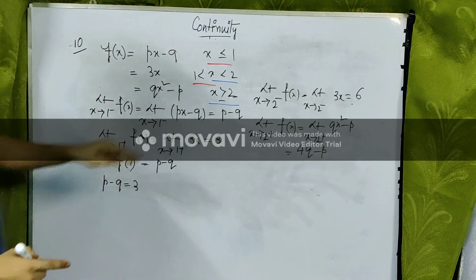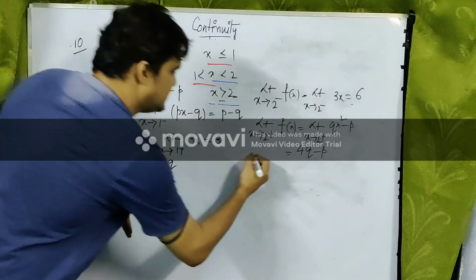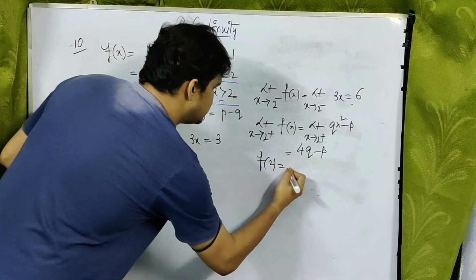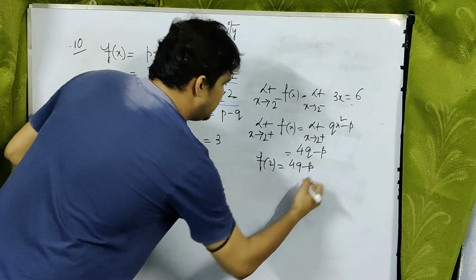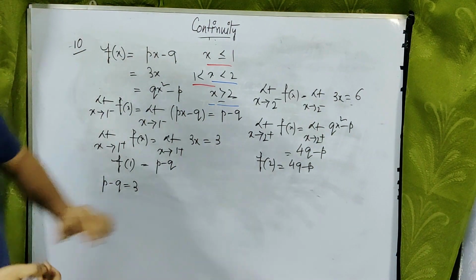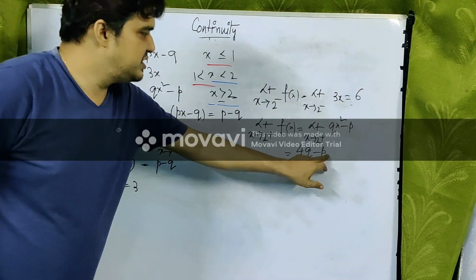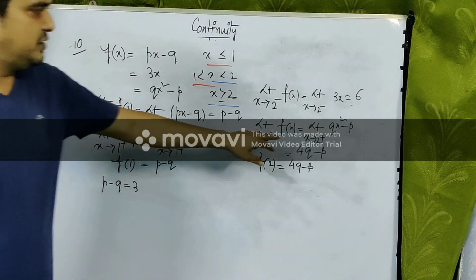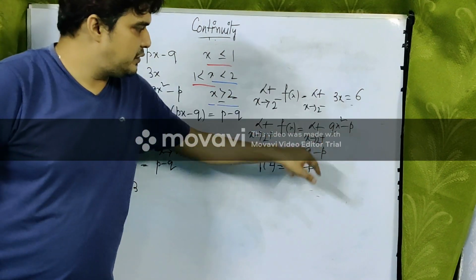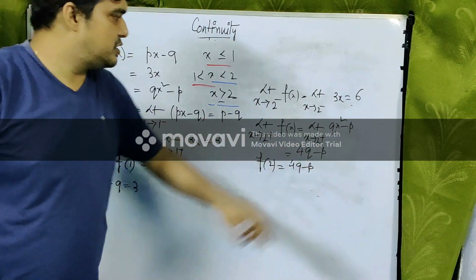And what is the value of f(2)? For the equal sign, again we will take this one, so f(2) equals, if I put x equals to 2, 4q minus p. So again, for the continuity at the point x equals to 2, these three should be the same. These two are already equal, so from here we can say that 4q minus p equals to 6.